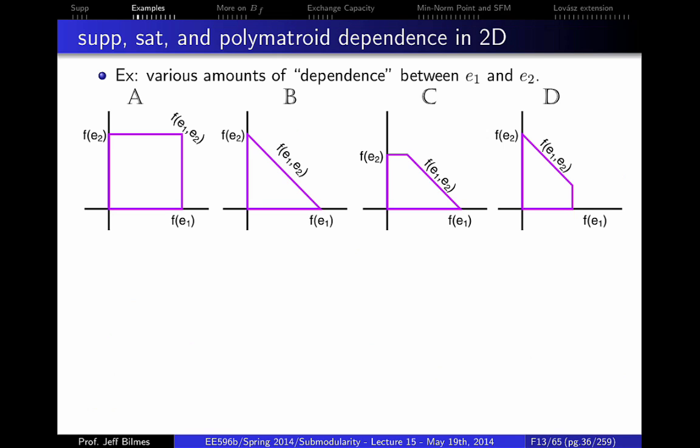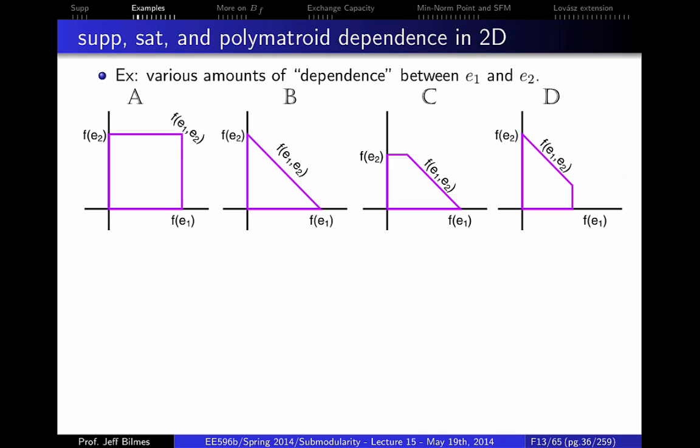So here we're talking about combinatorial dependence. Basically, given any polymatroid function, we're representing these items, these ground elements, and how they're dependent with respect to each other, as given by the polymatroid function. And what I'm claiming is that in 2D, or in ND as well, but here we can visualize it, the polymatroid gives us an expression of various forms of dependence.